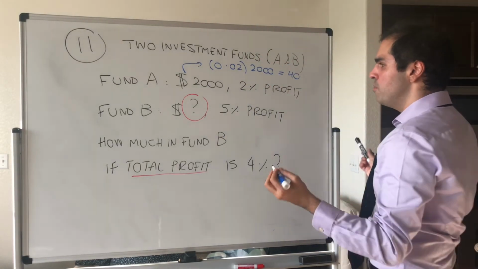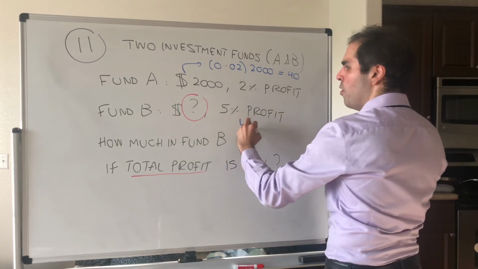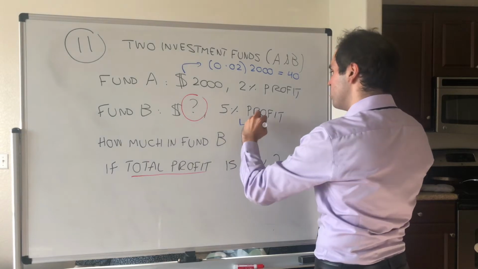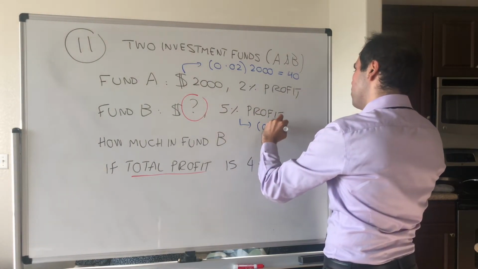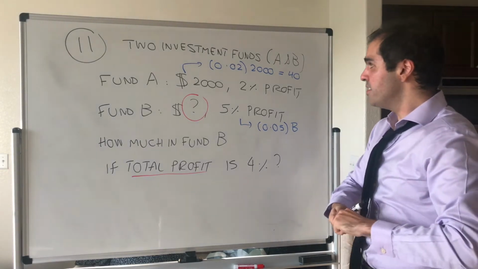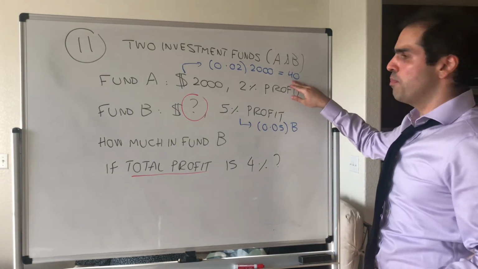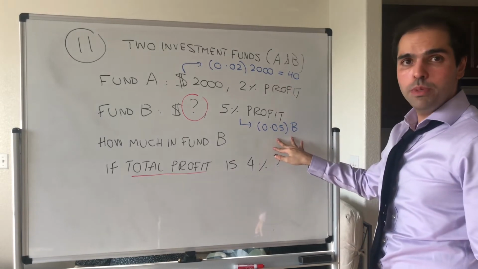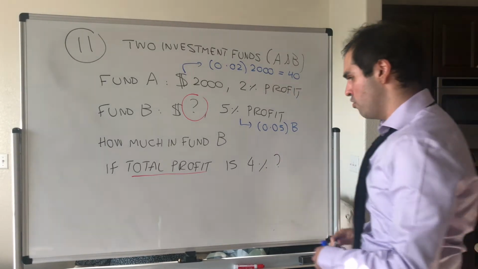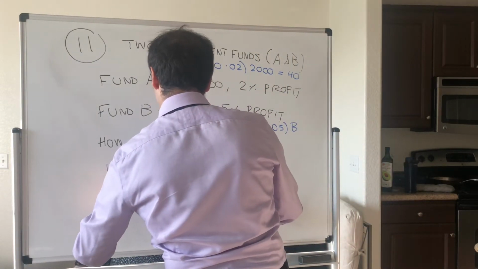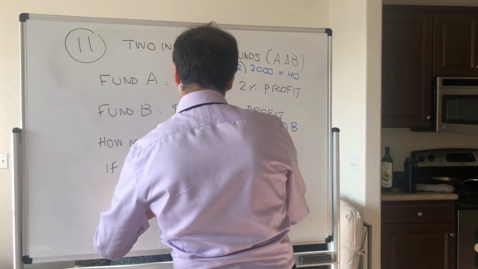And in fund B, we don't exactly know how much money there is, but if he invested B dollars, the profit would be 0.05B. So in other words, what is the total profit? It's the profit from A, which is 40, plus the profit from B, which is 0.05B. So we know that this is 40 plus 0.05B.